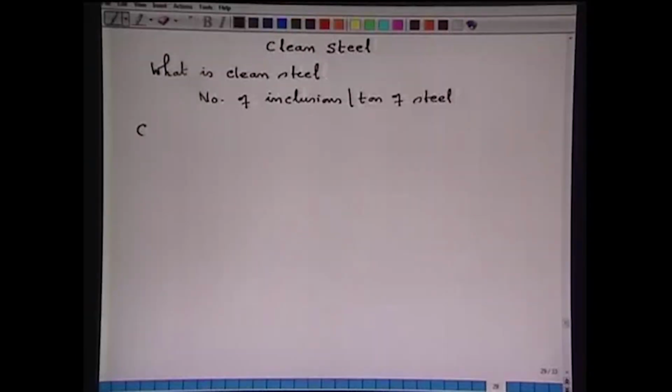Let us see one by one. First, we will see how we assess the cleanliness. So, first I will put cleanliness assessment.